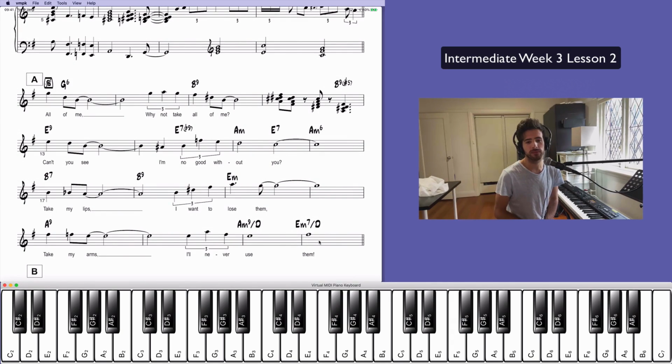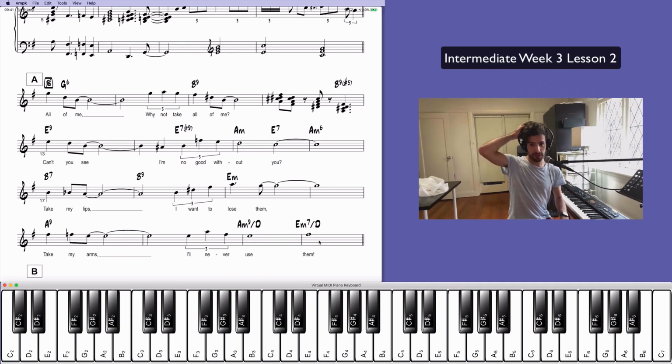For instance, my chart says C major 7 and it goes into E7, but then that's completely out of the C major scale. Correct. Yeah, and then it probably goes to an A minor or an A7 or something.